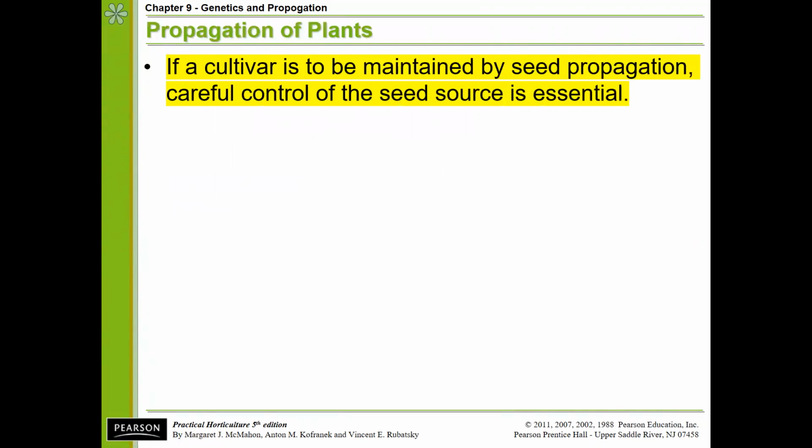Looking at sexual propagation, though, if we are trying to maintain a cultivated variety, which is a step further than just a species. Species of plants can basically cross-pollinate, reproduce, and retain similar characteristics.